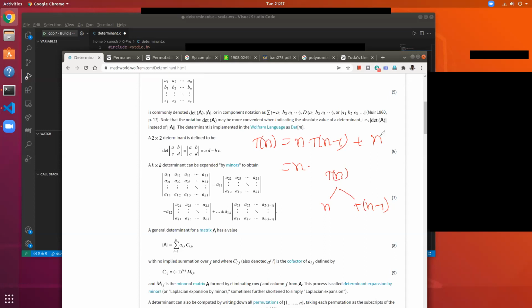Even if you neglect it, then T(n) is equal to n into T(n minus 1). This is equal to n into n minus 1 into T(n minus 2), and so on and so forth. So finally you get approximately factorial n. Factorial n is so large that whatever other additive terms we get will be small.